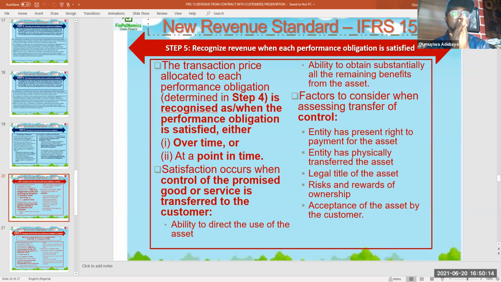In that light, control of the assets has been transferred.